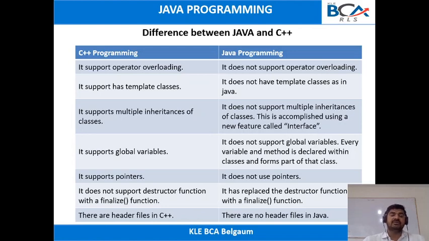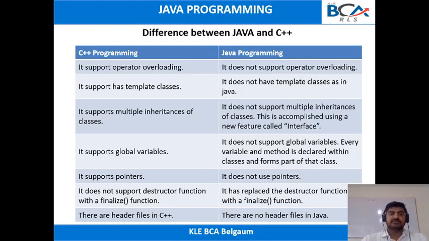Outside any function means even outside of main. Those variables are called global variables. That concept is not supported in Java programming. We also have variables declared at the top of the class in Java, so within the class, you declare the variables.